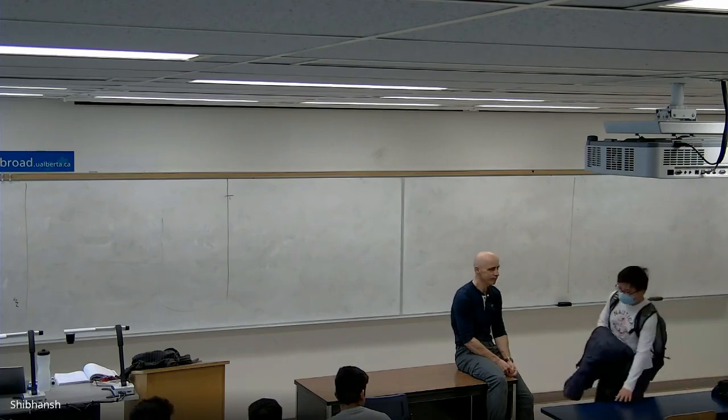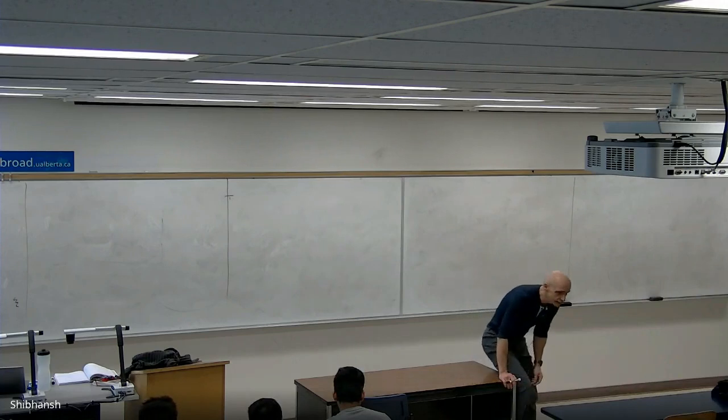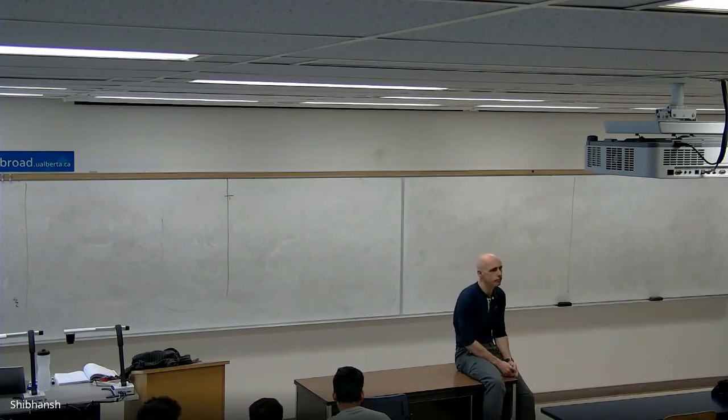Okay, that's the plan. And last time we got to the point where we could argue that this process leads to value function estimates which are getting closer to the optimal value function.